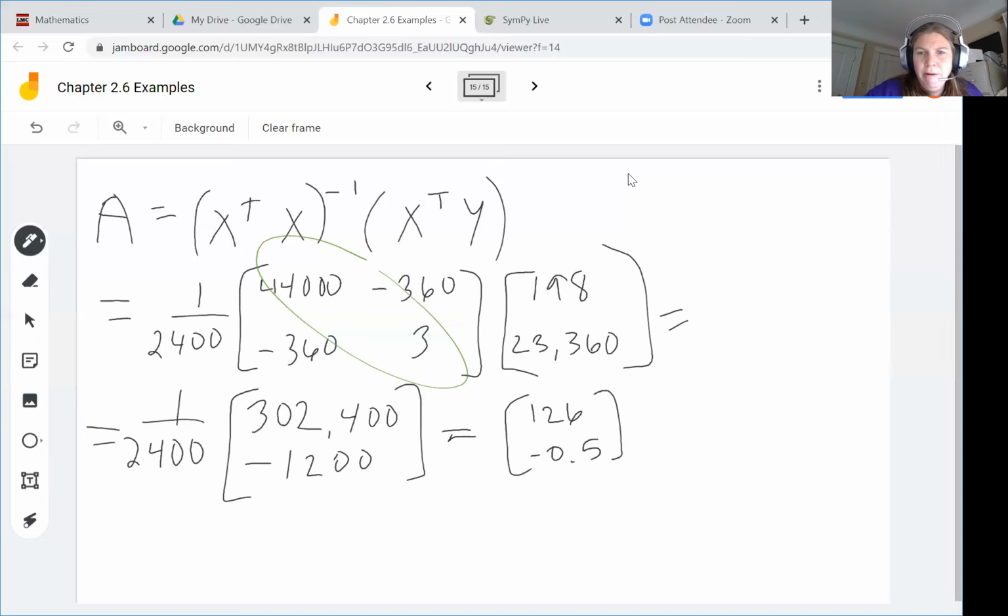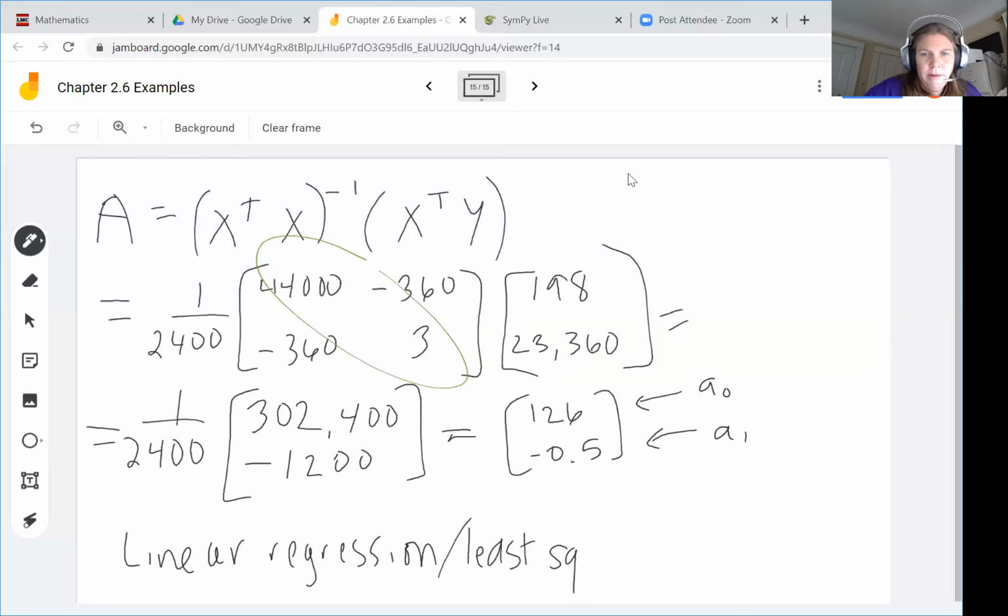So remember, these are our A naught, our constant in the linear equation, and our A1, our slope in the linear equation. So the line of best fit, or the least squares regression line, is y equals negative 0.5x plus 126.